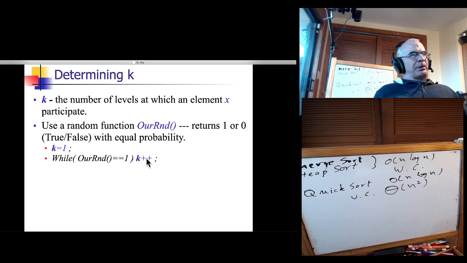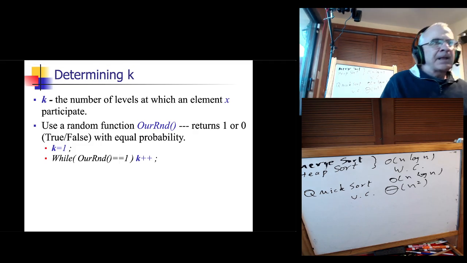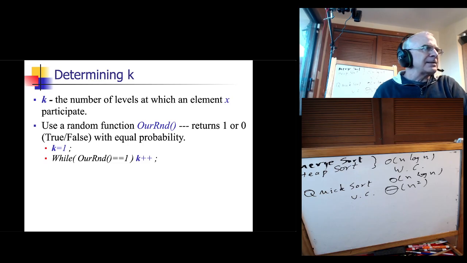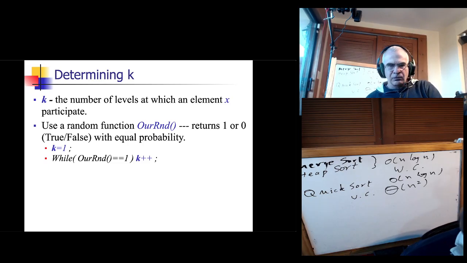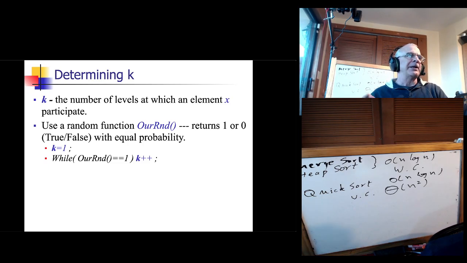Meaning the newcomer will participate in 2 levels, and you're also giving K a chance to grow to level 3. And if it made it to level 3, you'll give it a chance to go to level 4, and so on. Okay. In this code, there is no limitation to how large K can be.